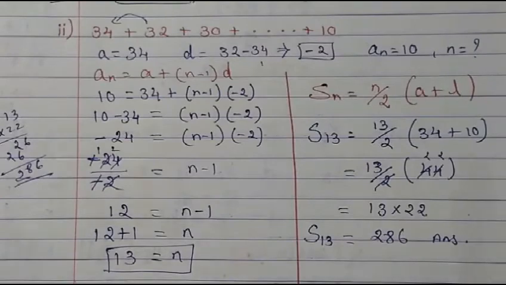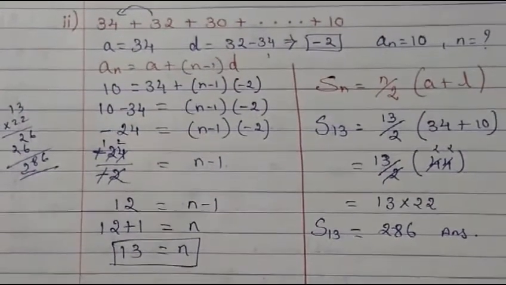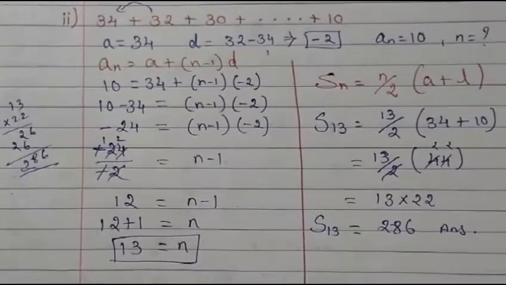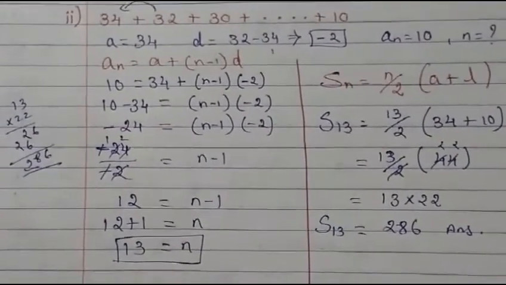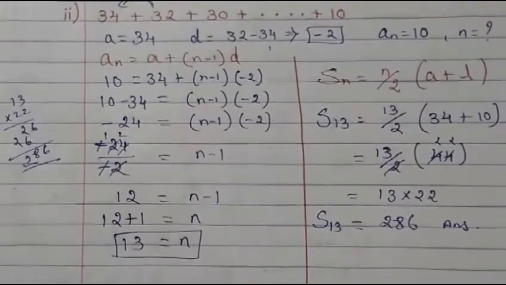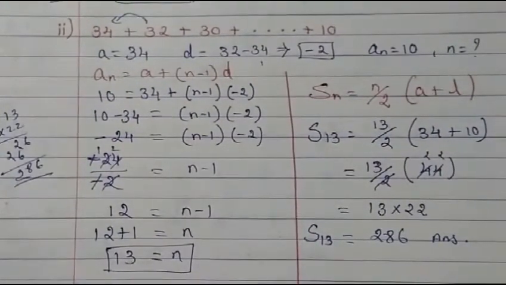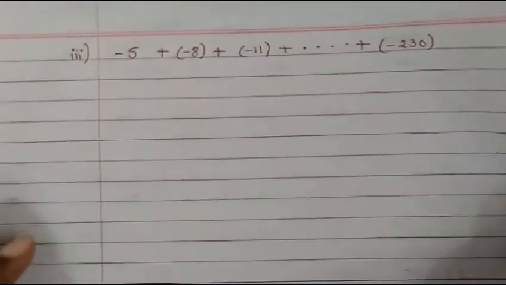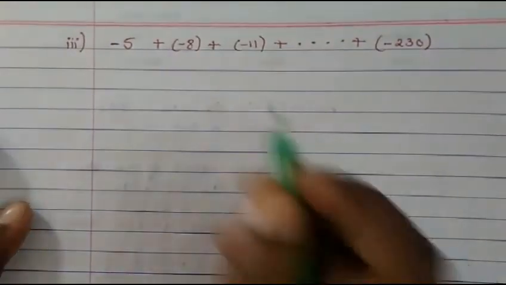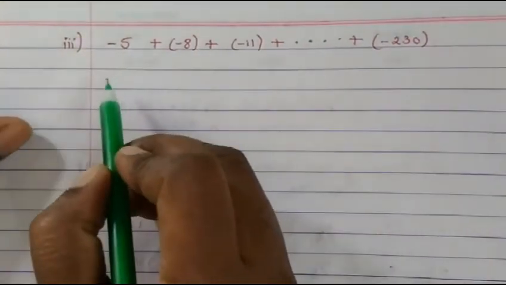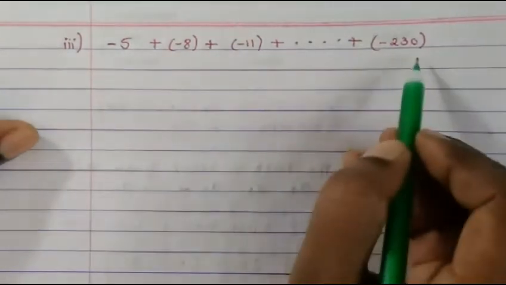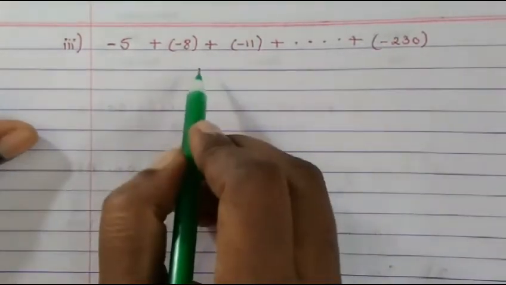So let's see quickly the third part. So for the third sum, here also we know the first term and the last term, we don't know the n value.